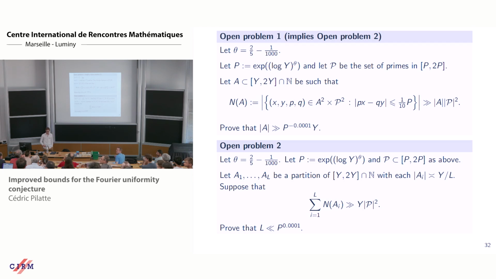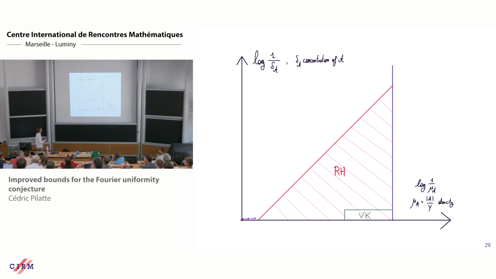Can you go back to your picture and maybe explain what Walsh was doing? For example, he has 2 results, one where he assumes GRH, one where he just used Vinogradov-Korobov. What does his picture look like? So I don't think Walsh relies on Vinogradov-Korobov. Walsh has one conditional result that's conditional on GRH.